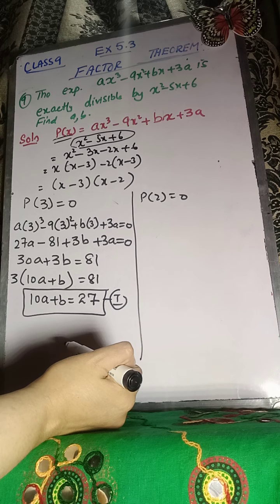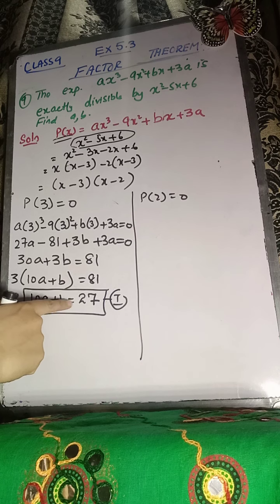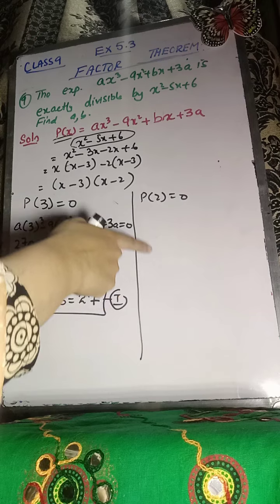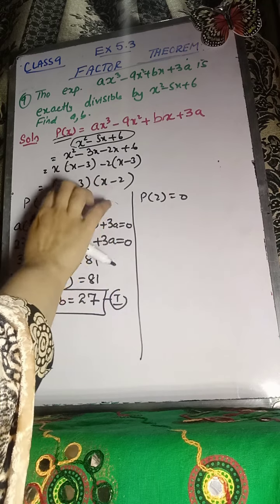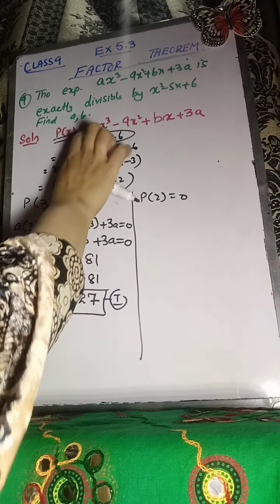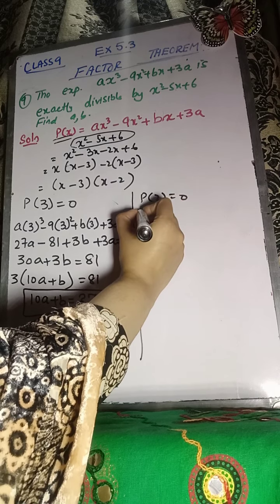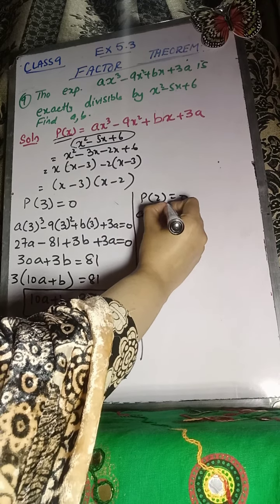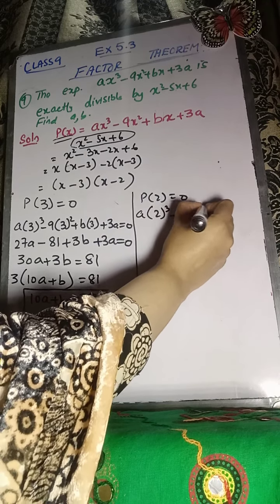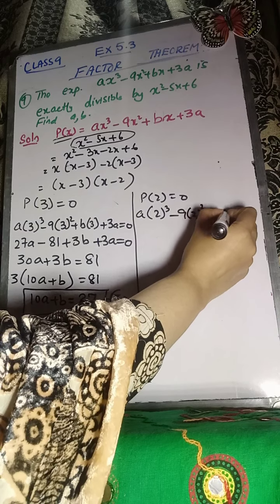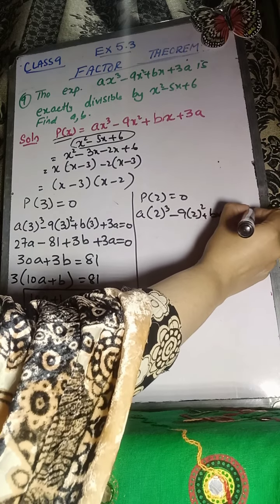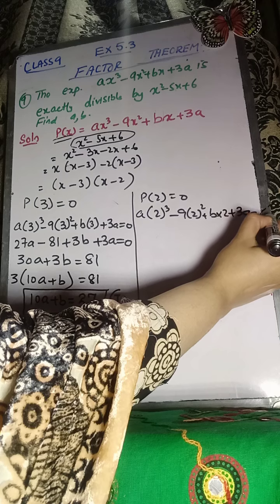So the first equation that we got is 10a plus b is equal to 27, and the second equation will be p of 2 equal to 0. I am going to put 2 cube minus 9 into 2 square plus b into 2 plus 3a equals 0.